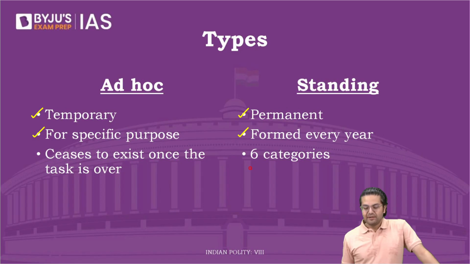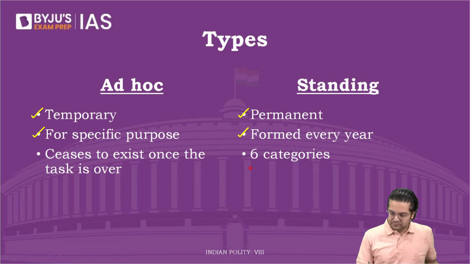But permanent committees or standing committees, there are 6 such standing committees, 6 of them. And all these committees are formed every year. For example, we'll see now Public Accounts Committee, Ethics Committee, DRSCs. A very good example is DRSC.